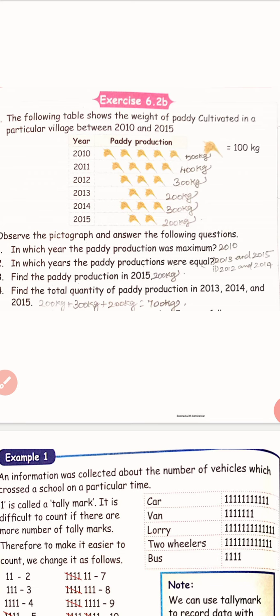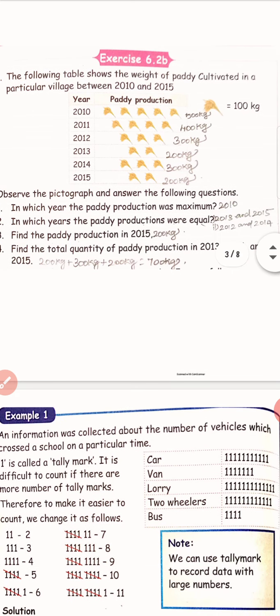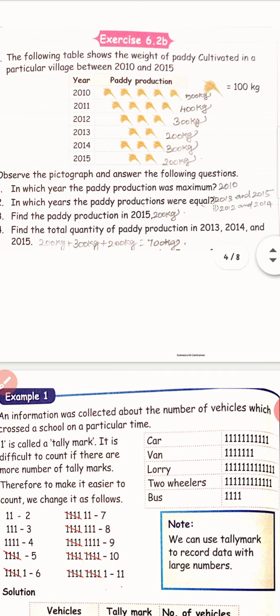In 2010 they gave 5 pictures, 5 paddy pictures. Then 2011 4, 2012 3, 2013 2, 2014 3, 2015 2. One paddy picture represents 1000 kgs of paddy.